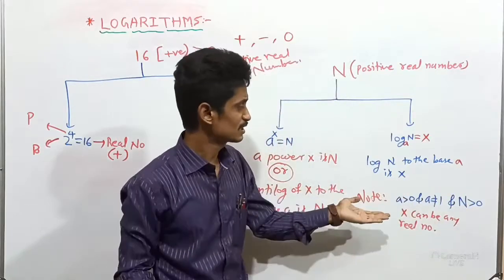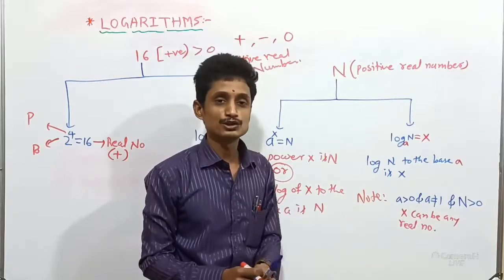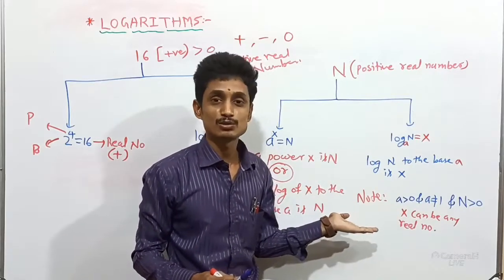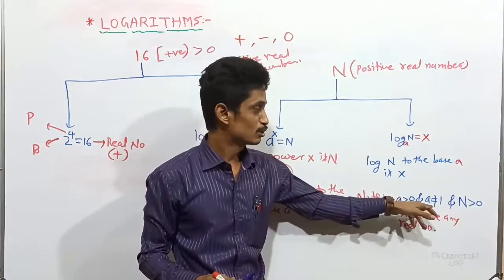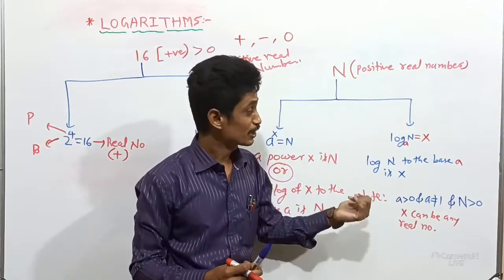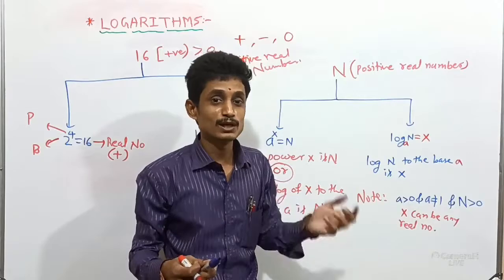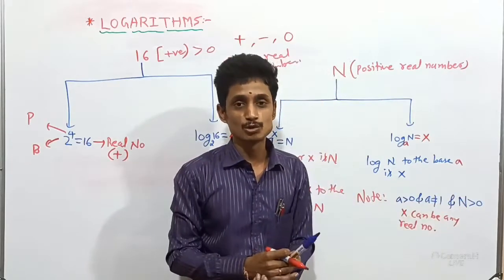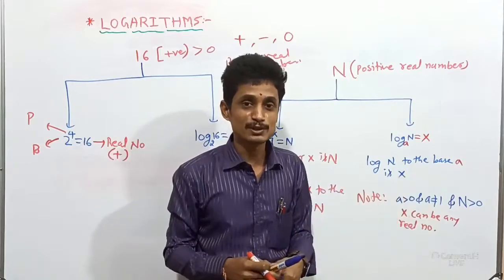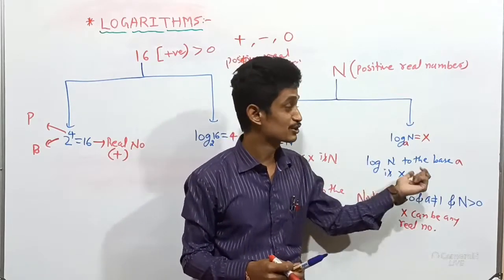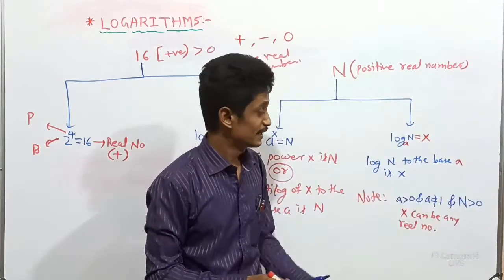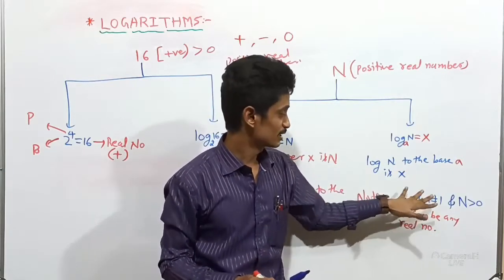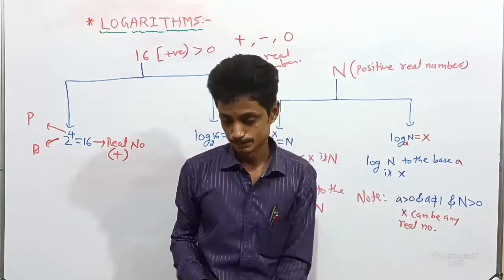I will give you some reasons. Why a will be greater than 0, why a is not equal to 0, why a is not equal to minus 1, why a is not equal to 1? If a equals 1, what do we get? And why n will be greater than 0? Why is it not possible to express negative numbers, why only positive numbers? And how x will be any real number? Among those cases, I will discuss with you now.